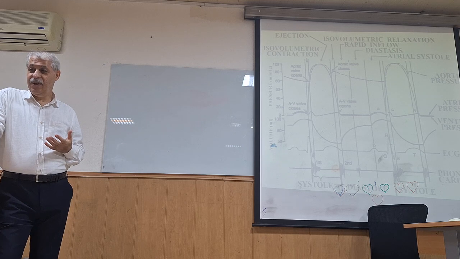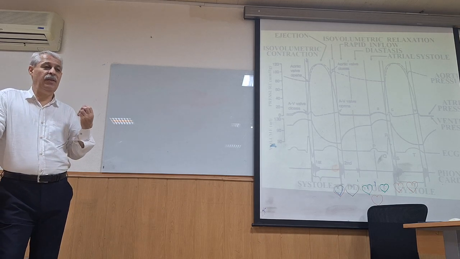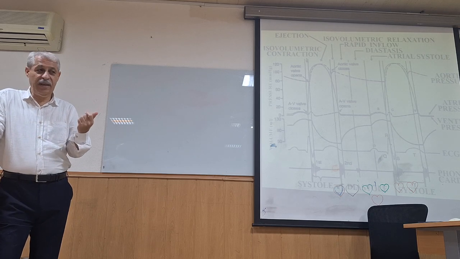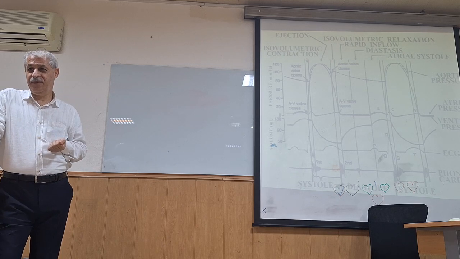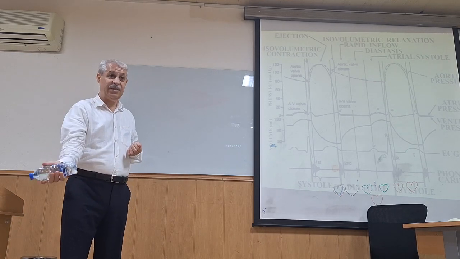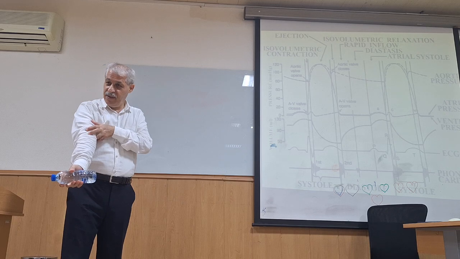Isotonic means you have muscle length change. Isometric means the length is fixed but the force is changed. This is isometric, and this is isotonic, where the muscle length is changed.